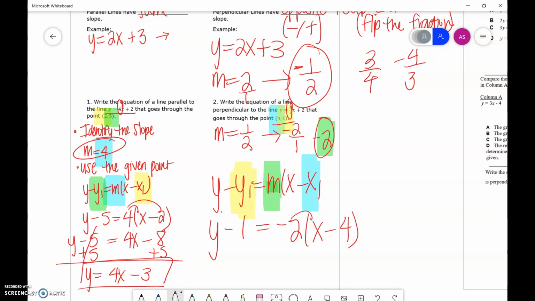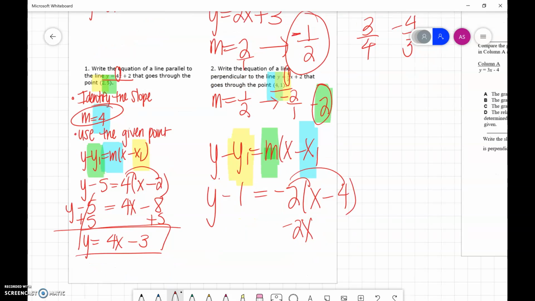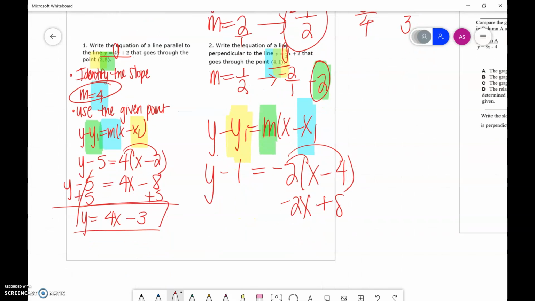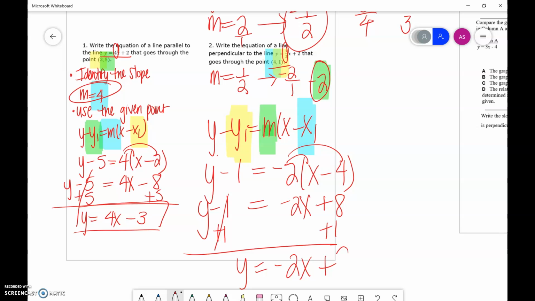Then we're going to do our distributive property. So I have -2x plus 8. Then I'll bring down my left side. Then I add 1 to both sides. Then we have y equals -2x plus 9. So this will be our equation that is perpendicular to the one they gave us.